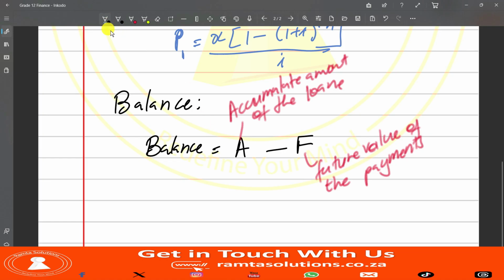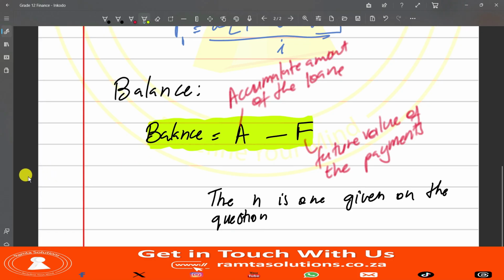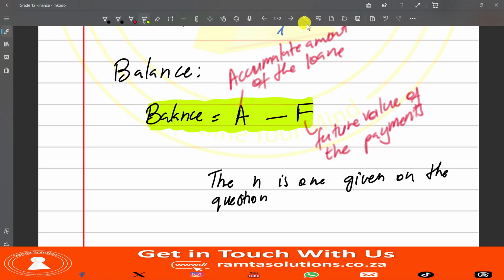In order for you to use this one, the n here is the one given on the question. The n here, meaning the number of installments, is the one given on the question.